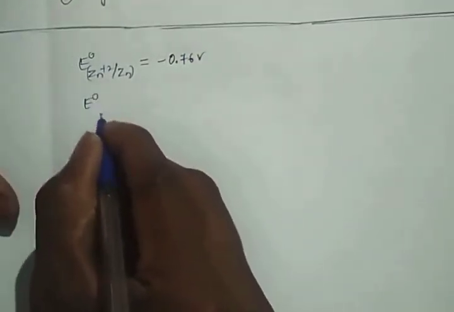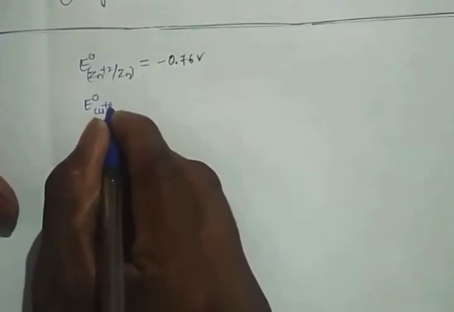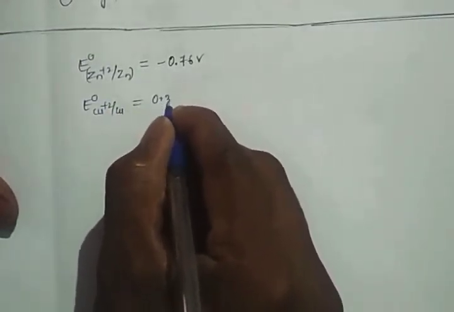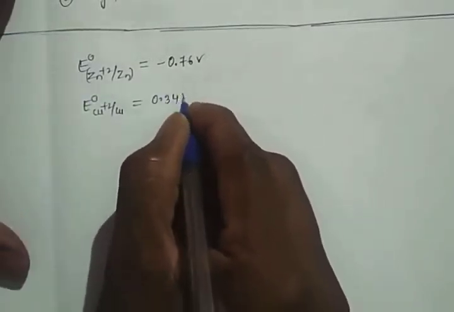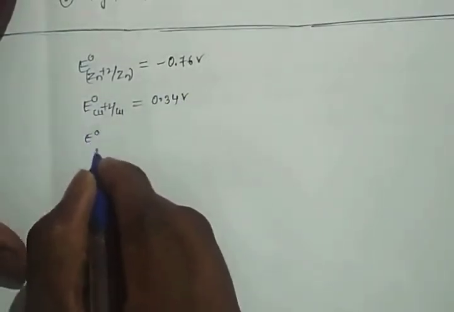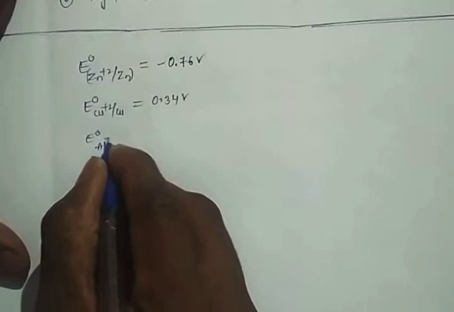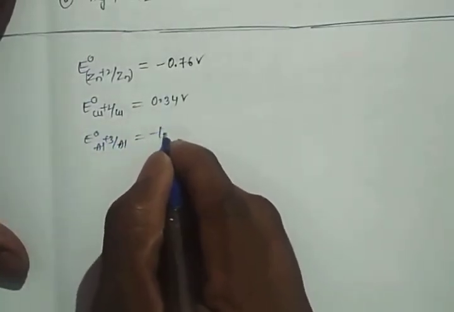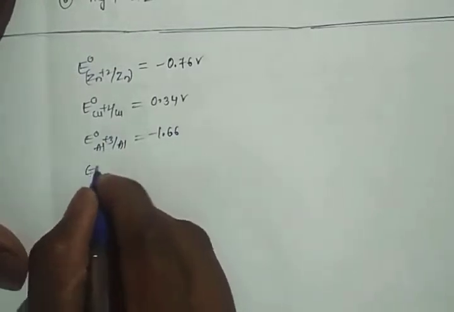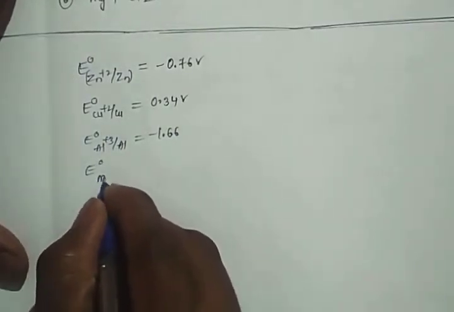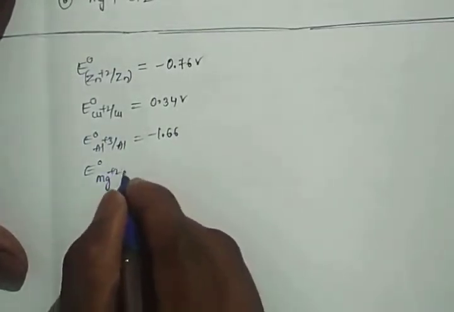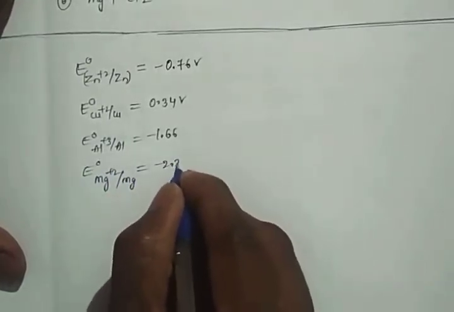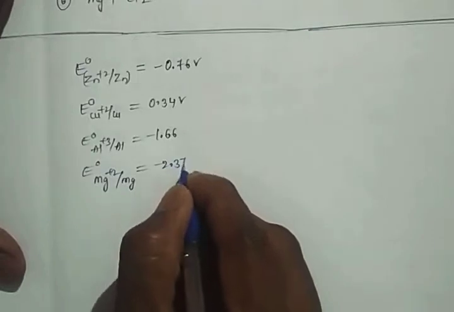Electrode potential of copper, Cu2+/Cu, is 0.34. Electrode potential of aluminium is minus 1.66. Reduction potential of magnesium is minus 2.37.